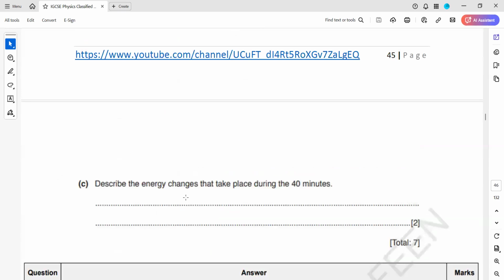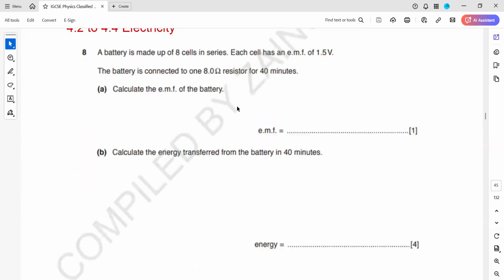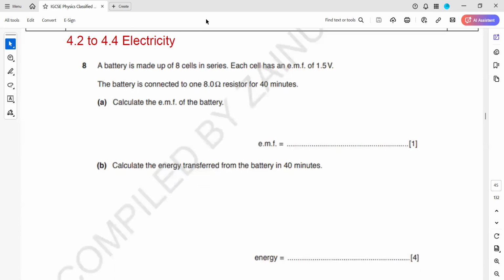Describe the energy change that takes place during 40 minutes. What is the energy change in a battery in 40 minutes in the circuit? The battery has chemical energy that changes to electrical. When charges pass through the resistor, what will it produce?